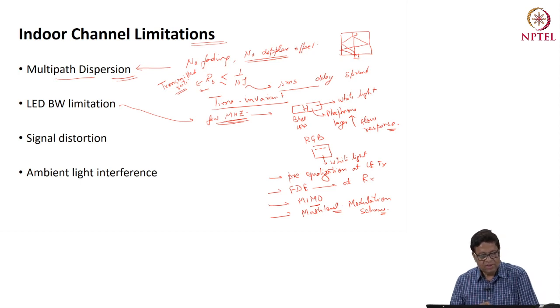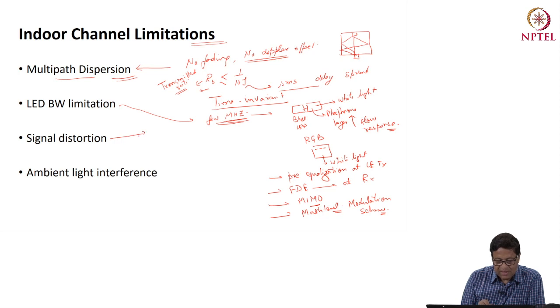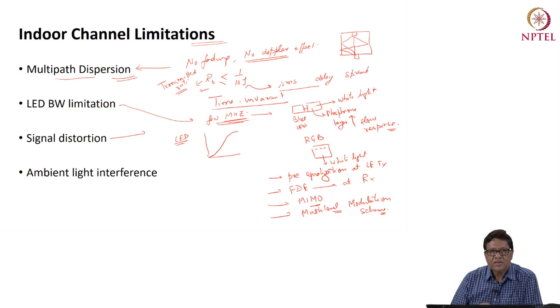Also, we should know about signal distortion, because the LED characteristic is not linear. It is an S kind of curve. If you have more constellation points in the system which you are trying to modulate, then there may be nonlinearity, and some crosstalk among the constellation points because of this nonlinearity in the LED characteristic.